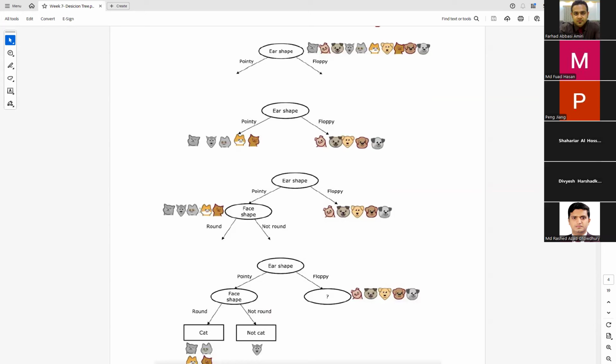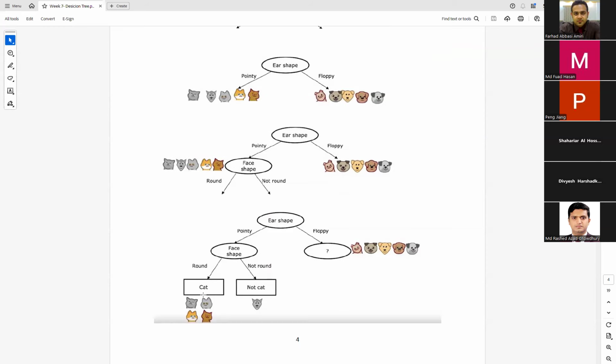If you take a look here, you see that 4 of them have a round face: this one has a round face, this one, this one, this one, but this one here doesn't have a round face, right? So we put 4 of them on the round face sub-branch, and 1 of them, this one, on the not round face.